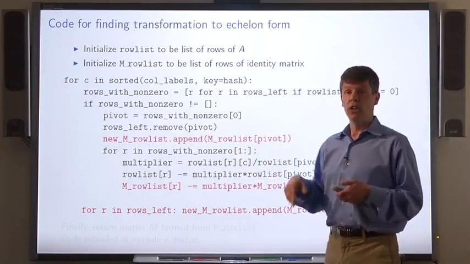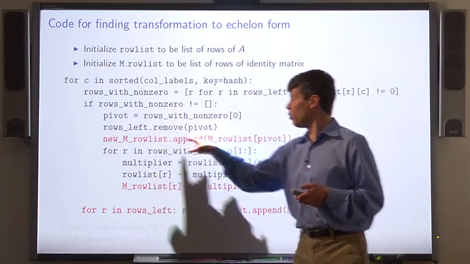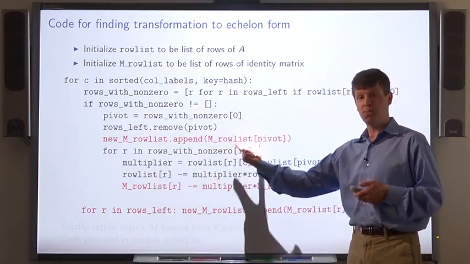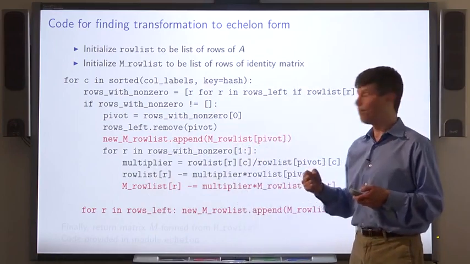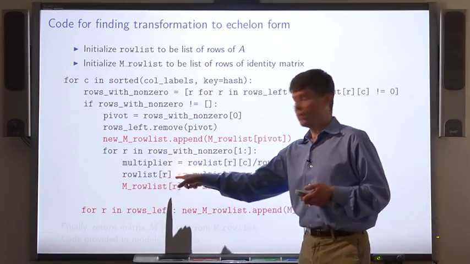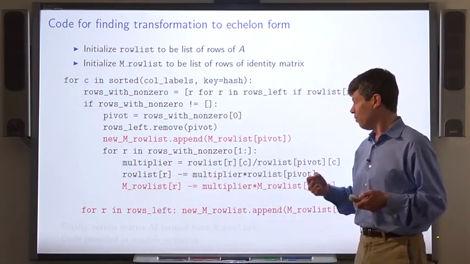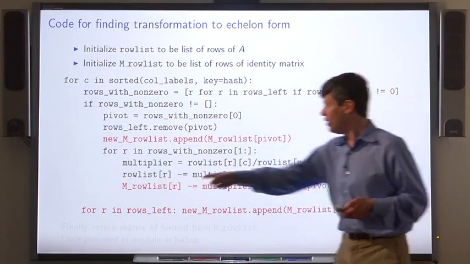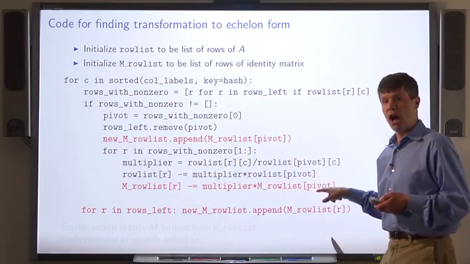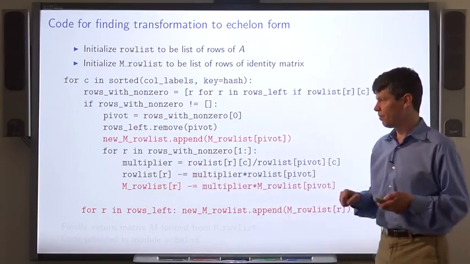Every time we choose a pivot row, we append to new M row list the corresponding row of M. And then when we do an operation that adds a multiple of some row to another row, we do the same operation on the matrix M, represented by M row list.